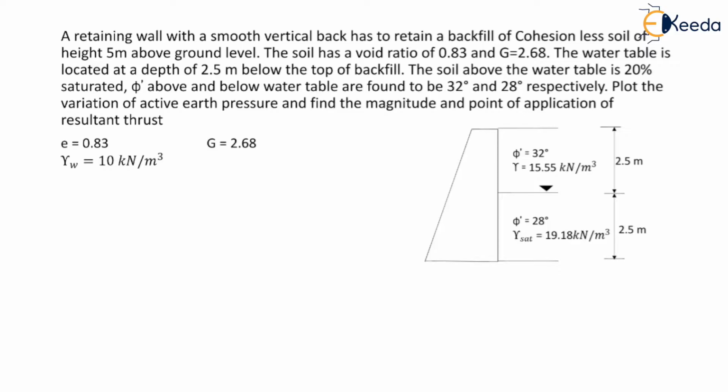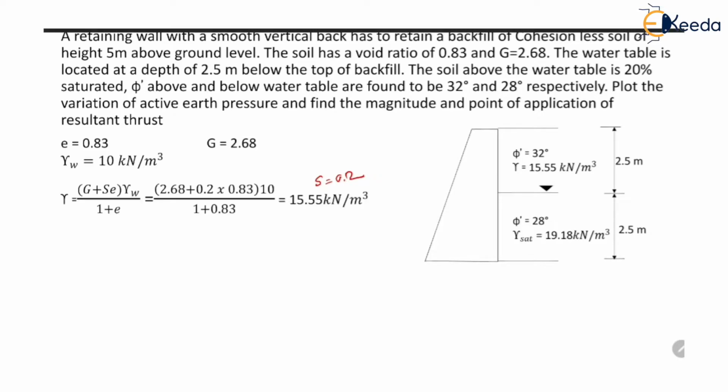Let us first determine the densities of soil which is present above the water table and below the water table. First we will discuss the density of soil above the water table. This soil is 20% saturated, that means S is equal to 0.2. Now we know the formula for density. It is gamma equal to (G plus S e) into gamma W divided by 1 plus e.